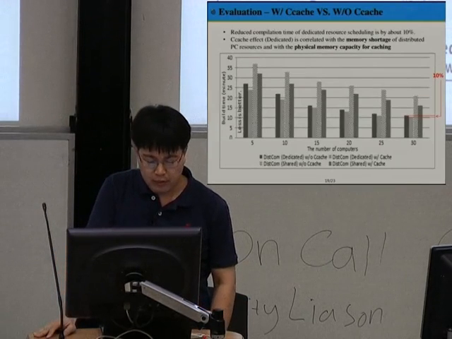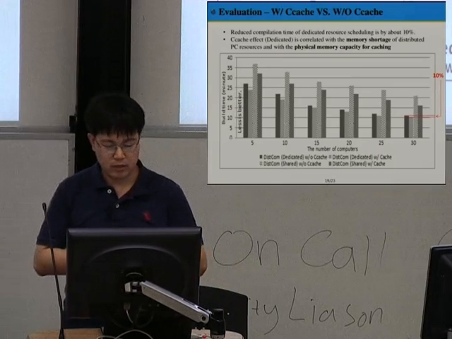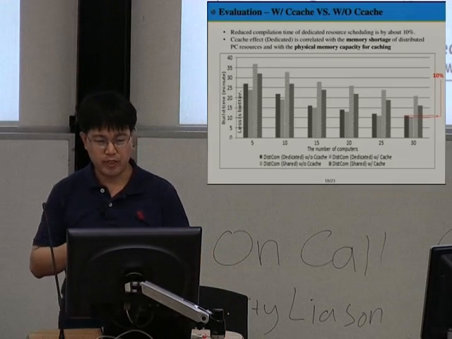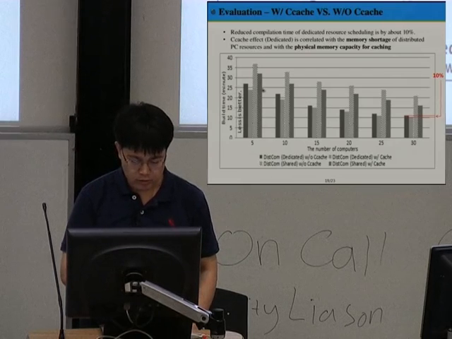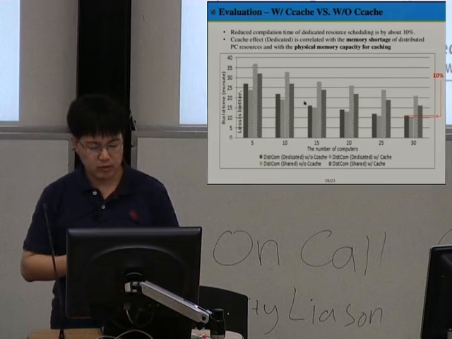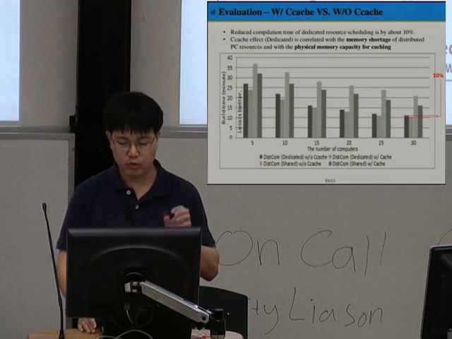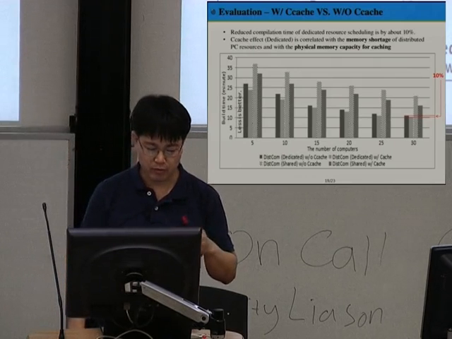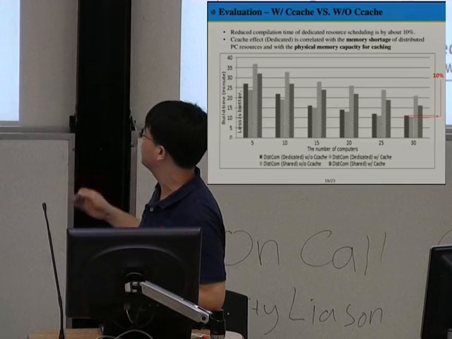And finally, we evaluated our proposed system by adding ccache to speed up the recompilation. This page shows the effectiveness of our experiment using ccache. The ccache effect using the dedicated resource scheduling is correlated with the memory shortage of the desktop computers and with the physical memory capacity of the caching.